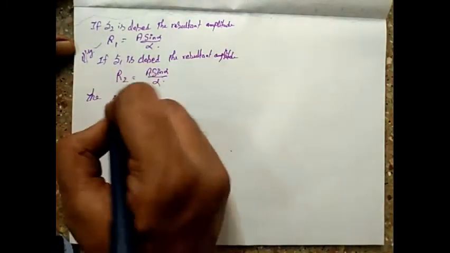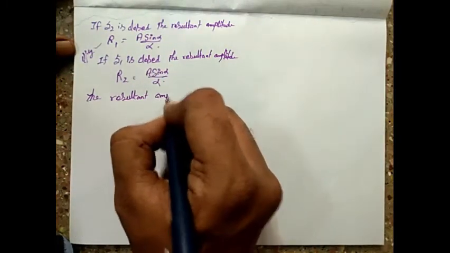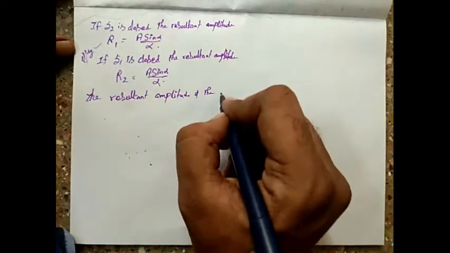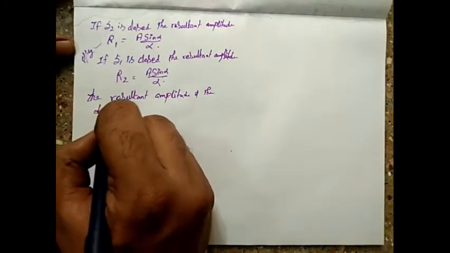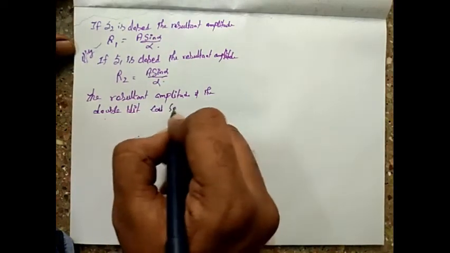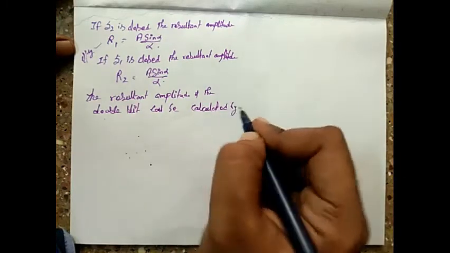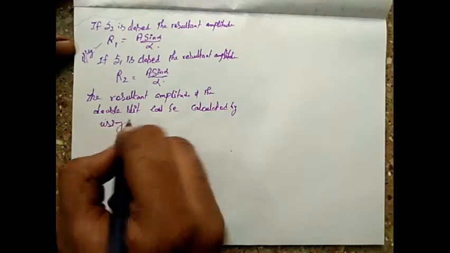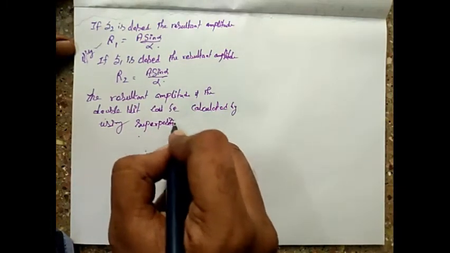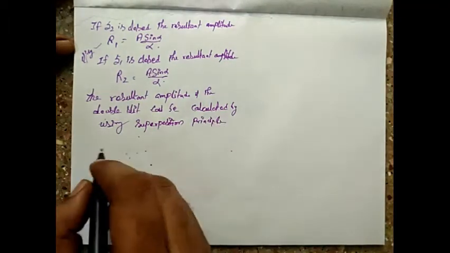The resultant amplitude of the double slit can be calculated using the superposition principle in vector calculus.